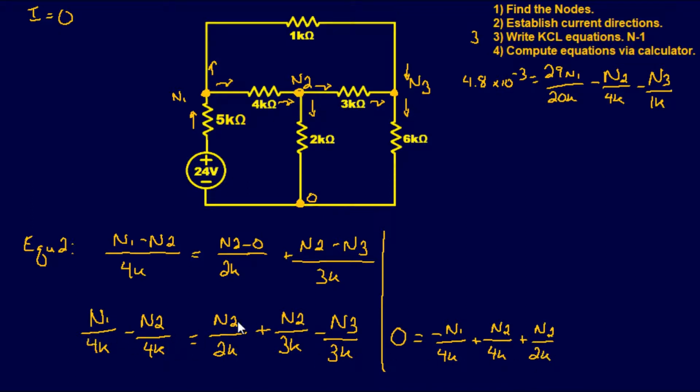I'm just going to keep going with it. All I did was move these over and then keep writing these out. So node 2 over 3k minus node 3 over 3k. Alright, so let's move this so we can see what we're doing.